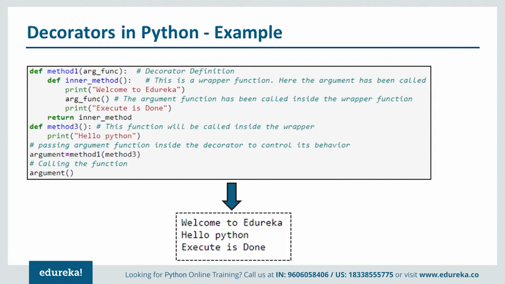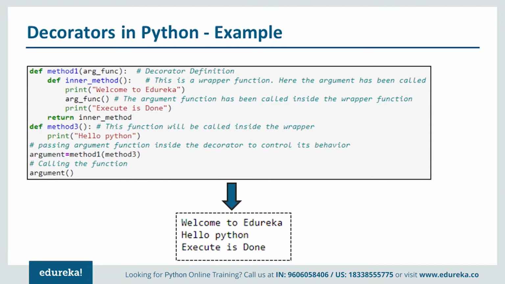In this case, we have a method called method 1, in which we are giving a particular argument as a function. We have an inner method over here which prints welcome to Edureka, and we call the function called arg_func, and then we print execute is done.